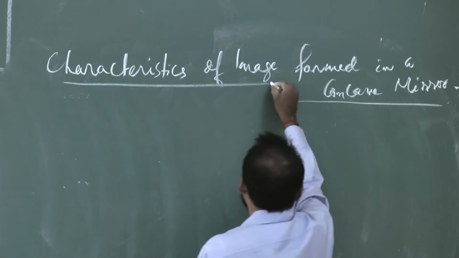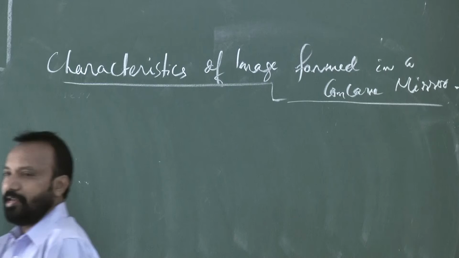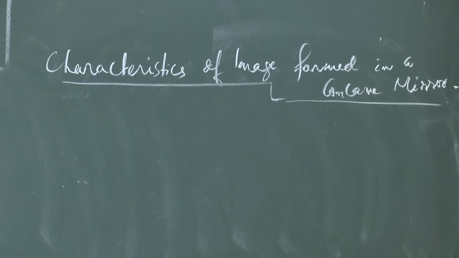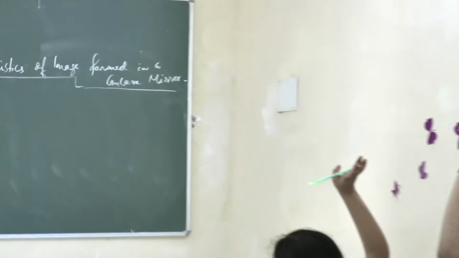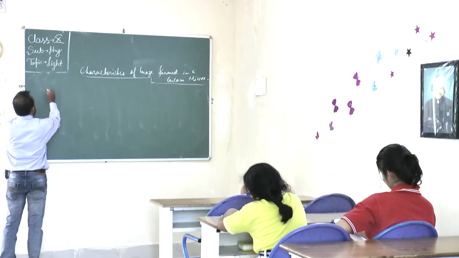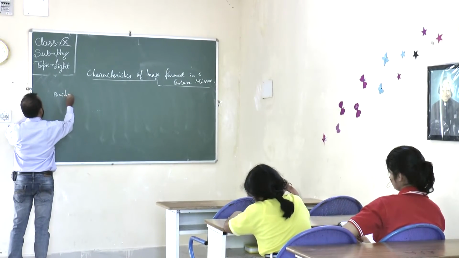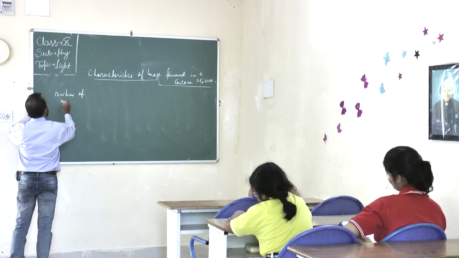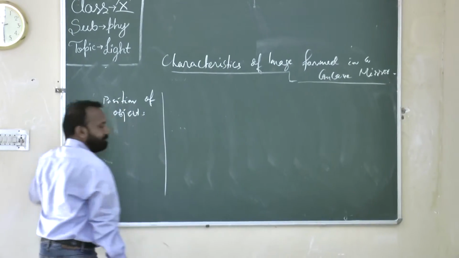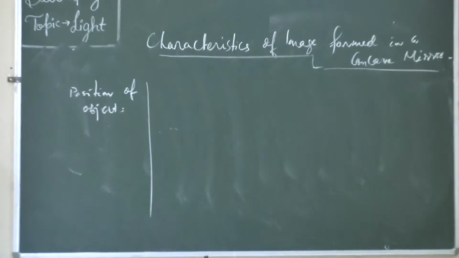Characteristics. The first point, we will prepare a box. How many columns do you know? Anybody? Position of the object. Very good. I know you are all good students. Position of object is the first column. Second column, what will I give?